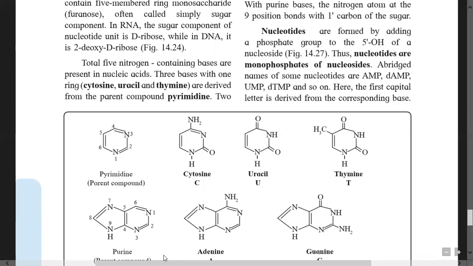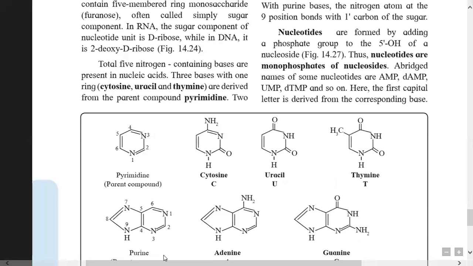Then in uracil, C double bond O and C double bond O are present at second and fourth position. Therefore, third position nitrogen becomes NH. Similarly, first position nitrogen also becomes NH. In thymine, second and fourth position have C double bond O, first and third position have NH group, and the fifth position has a methyl group. This is called thymine. So these one ring containing three bases are cytosine, uracil, and thymine.